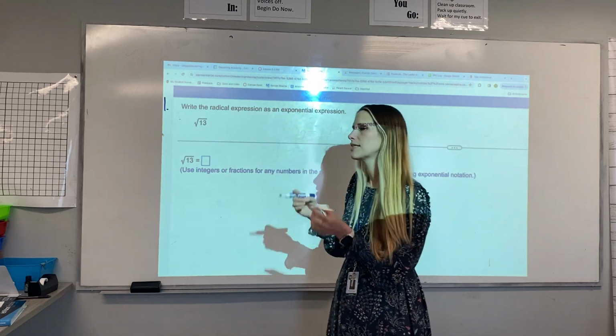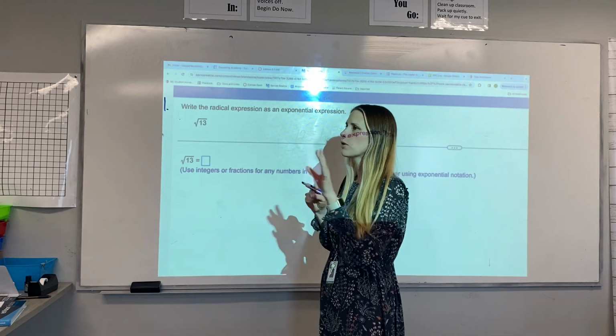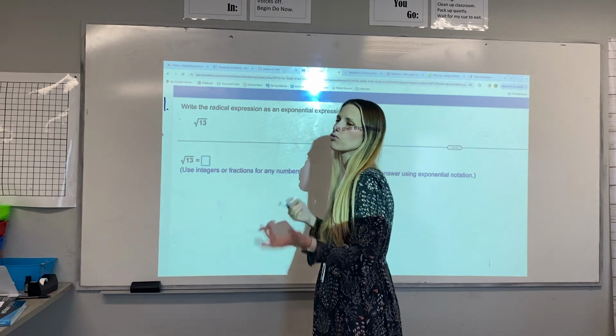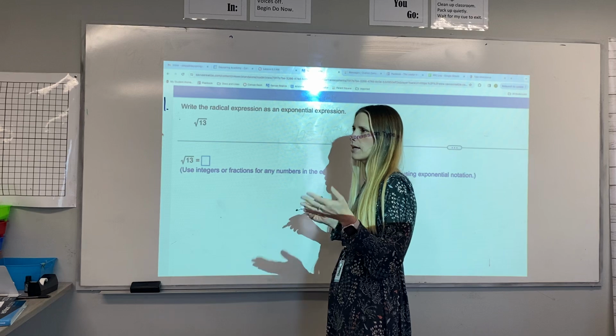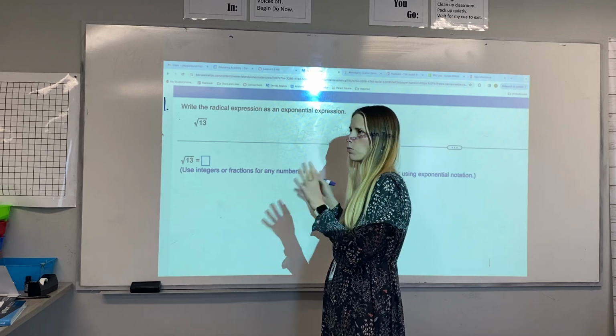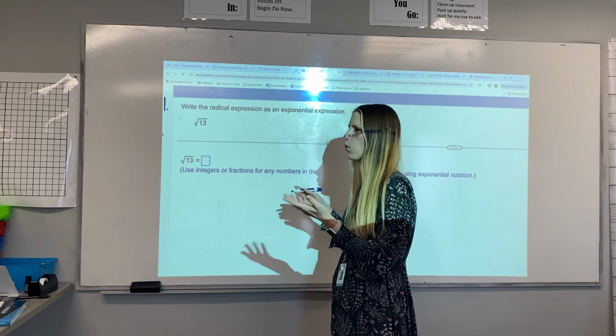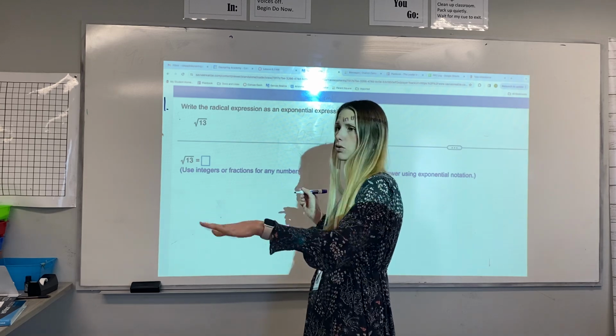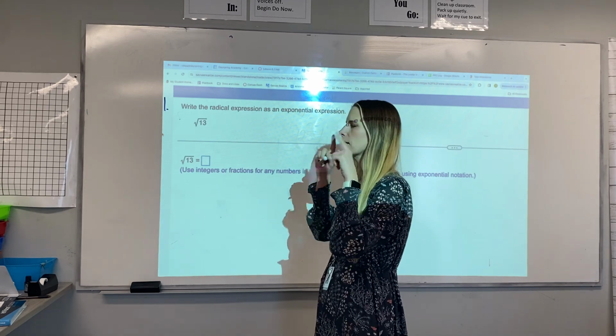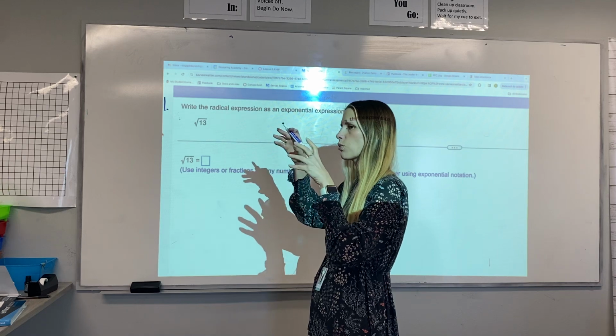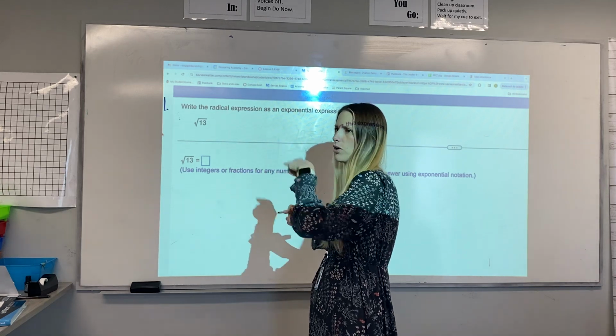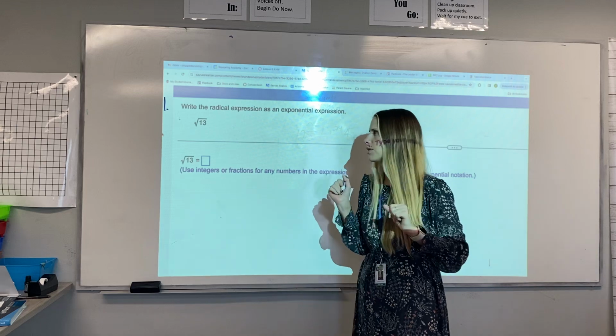I specifically said the square root, but if I said the root of something, the exponent would be a fraction, 1 over something. So yes, you were on it. I thought you were confusing it with negative exponents where you put it in the denominator, but I understand what you were saying now.